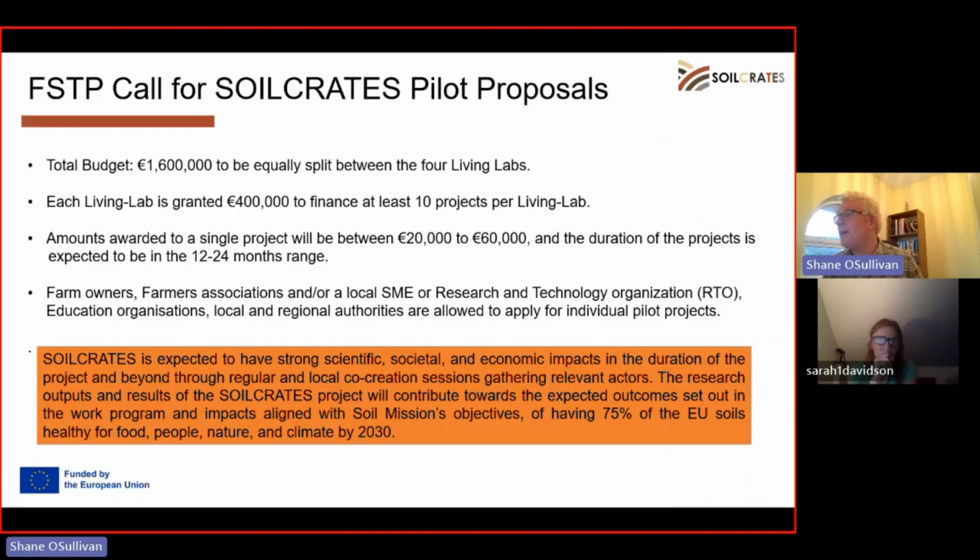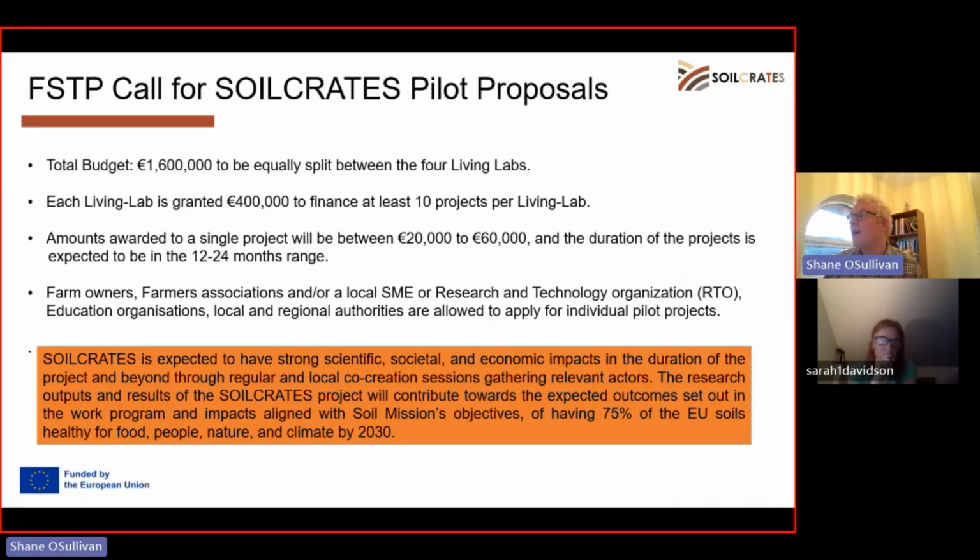There's also another living lab in Spain, one in the Netherlands and one in France. Each living lab has been awarded 400,000 euros to finance at least 10 projects, so we will be able to finance 10 projects here in the Midwest region in Ireland. The amount of money which can be allocated for a single project can range between 20 and 60,000 euros.